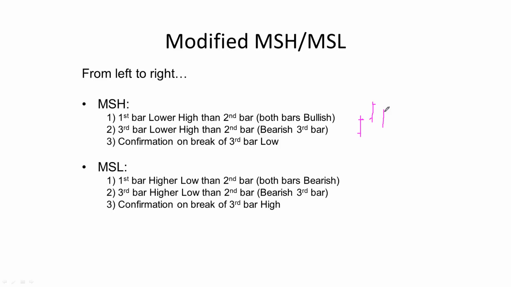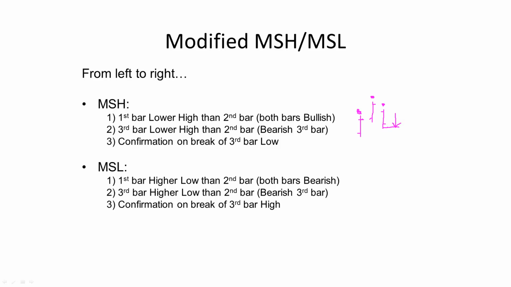And then this one here would be bearish. So this is a 3-bar pattern. We've got the high right there, higher high, lower high, and then the signal confirmation is when you break that low. And that's where you go short on that next bar.